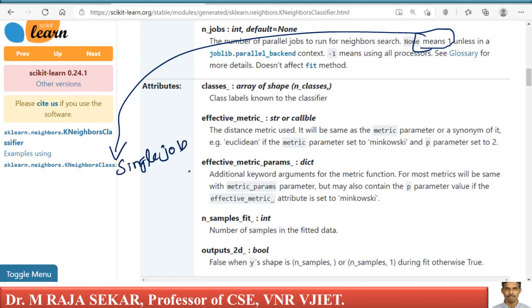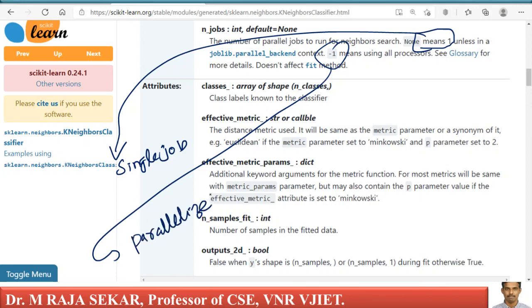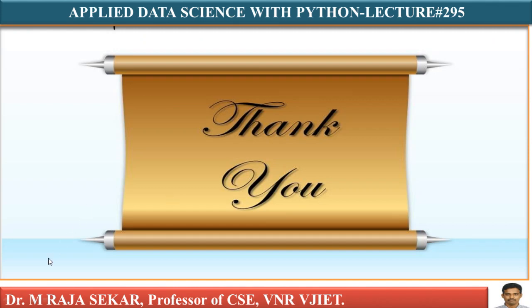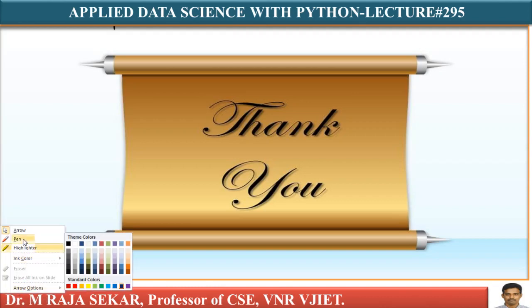If you set it to -1, it will try to parallelize the jobs, which can speed things up. So these are all the parameters that you get. I will continue my discussion in my next lecture about the KNN algorithm using scikit-learn. Thank you very much.